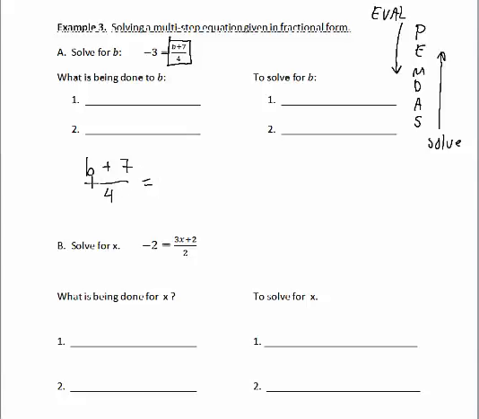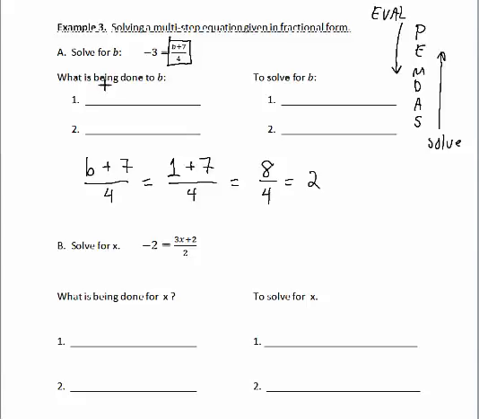If I just picked a random number and replaced it with b, which operation would I carry out first? Well, large fraction bar means that I work the top and bottom separately. So I would add the 7 first, and then I would divide by 4 to get 2.